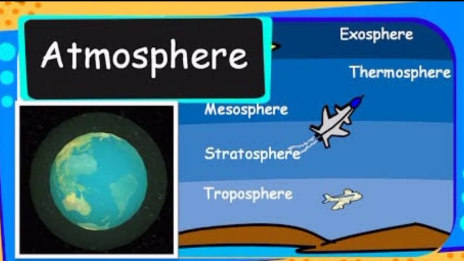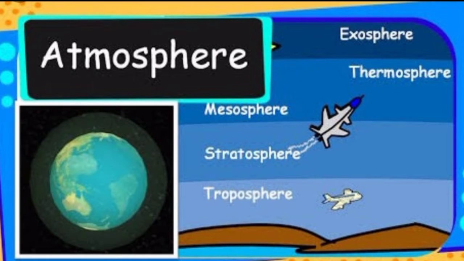It is the densest layer and almost 75% of the air in the atmosphere is found in this layer. This layer also has water vapor. We live in the troposphere and most of the weather, clouds, rain, snow is found in this layer. All weather changes also occur in this layer.